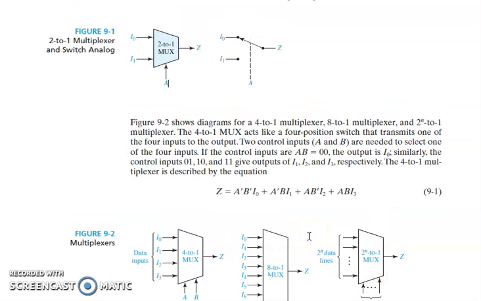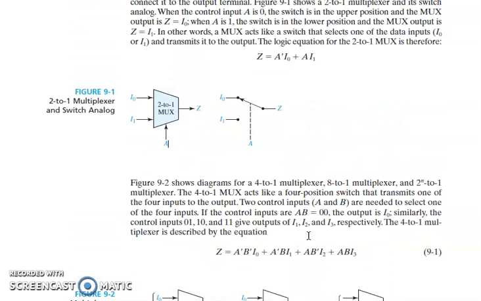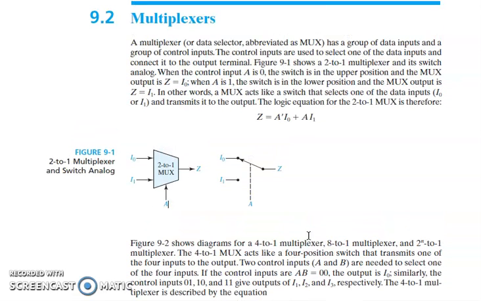Now, one more thing: why do we require this multiplexer? We know what a multiplexer is and how it drives. What input is chosen as output is decided by the control input. So where can we make use of it in real time?